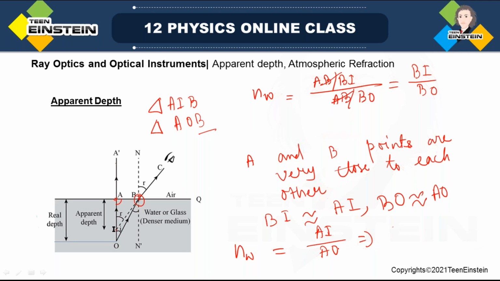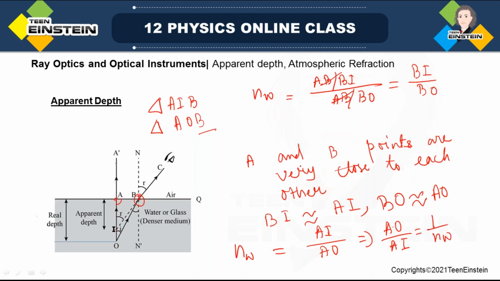Yes, so this is the thing. Or if you want to write actual depth over apparent depth, that will be here in this case 1 over refractive index of water.